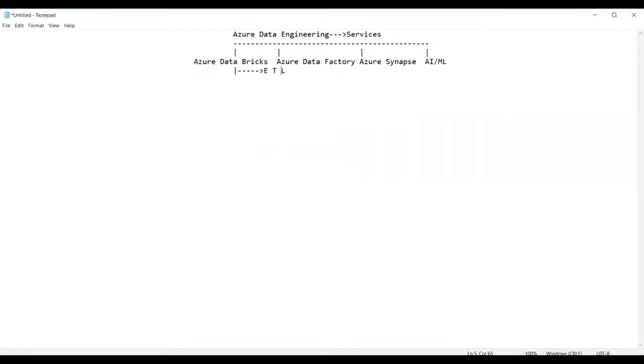What does ETL stand for? Extraction, transformation, and loading. Azure Databricks is a service provided by Microsoft within Azure Data Engineering for the purpose of extraction, transformation, and loading.